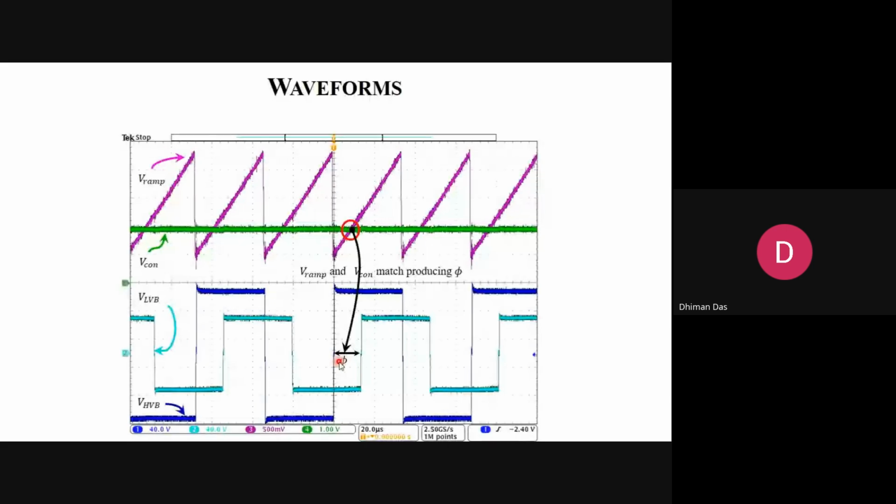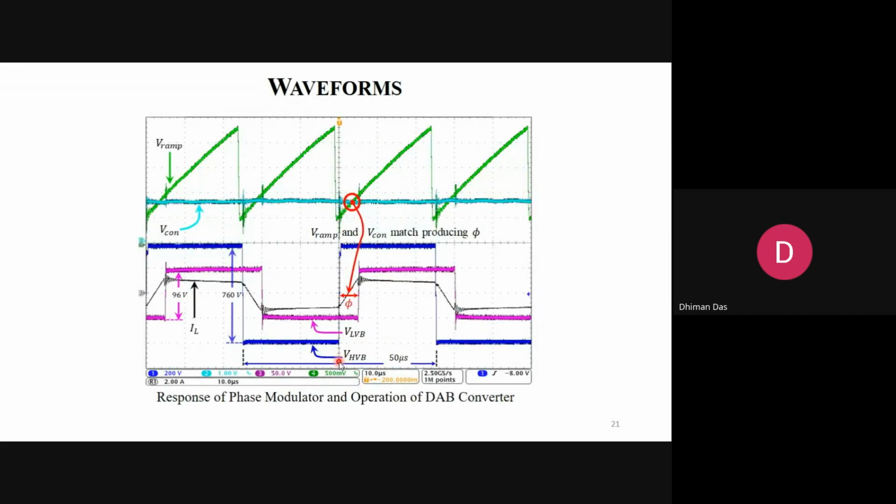In this way, you can model the actual plant, or verify the analytical model with the actual plant. You can see that due to this phase shift, this amount of current is flowing from one side to the other side.